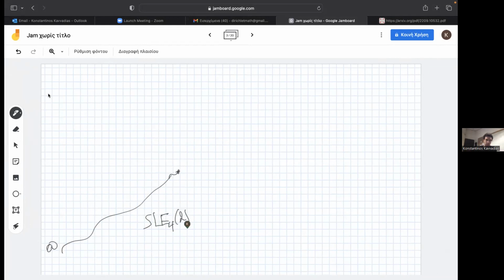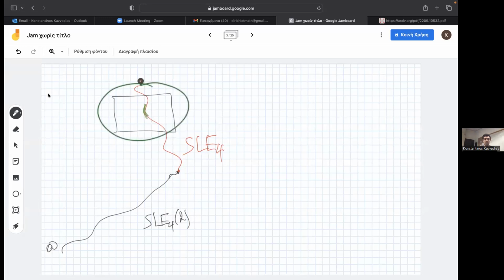And conditional on that, on the complement, we draw an SLE4. And here we show that condition 3 holds if, for instance, we take the two-sided curve in a fixed large rectangle, then condition 3 holds for some segment here, for the part of the curve inside this rectangle.